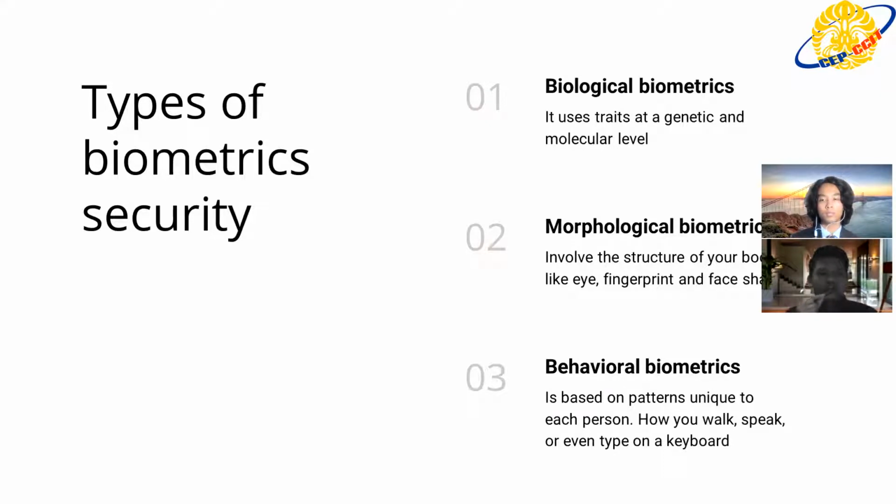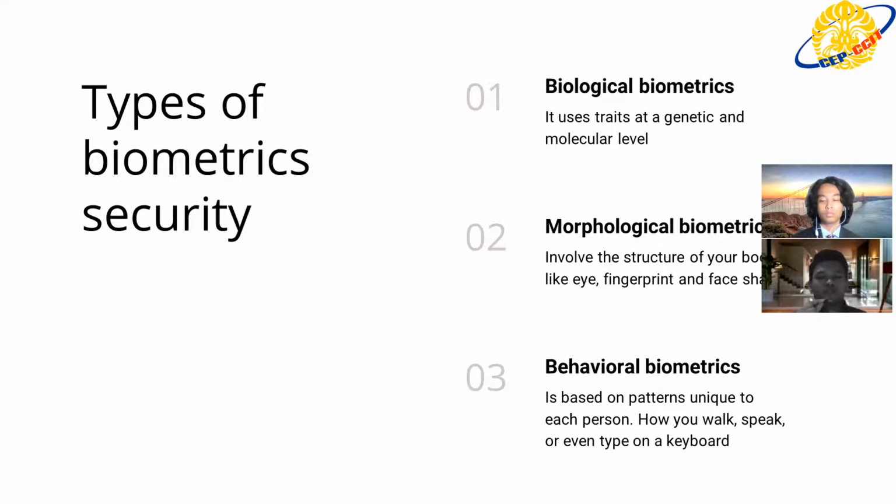There are three types of biometric security. The first is biological biometrics. The biometric is traced at the genetic and molecular level. This may include features like DNA or your blood, which might be assessed through a sample of your body's blood. The second is morphological biometrics. This involves the structure of your body.